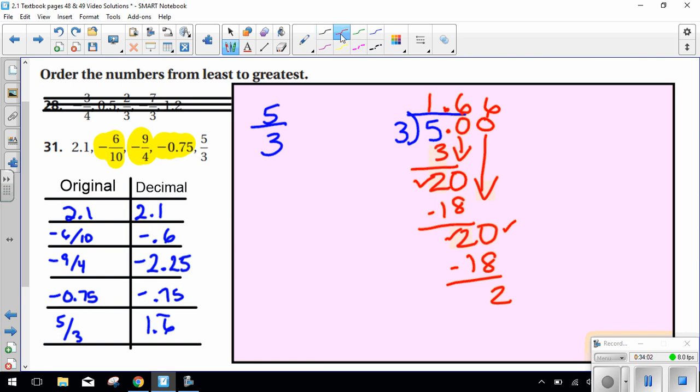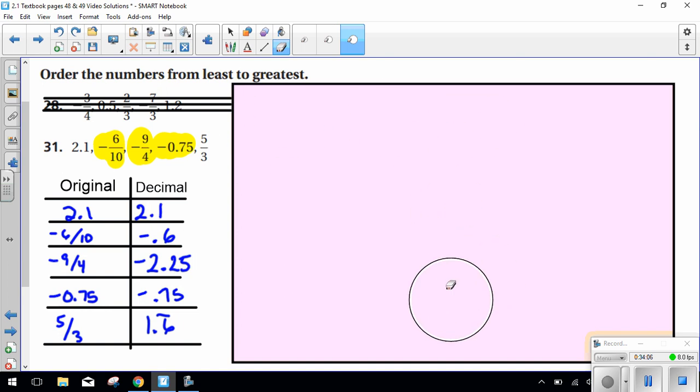Now there's something I want to call your attention to. Do you see how I have 1 decimal point here? And I have 1 number after the decimal. Here I have 2 numbers after the decimal. And here I have 1. So I'm going to make all of these numbers look like they have 2 decimal places.